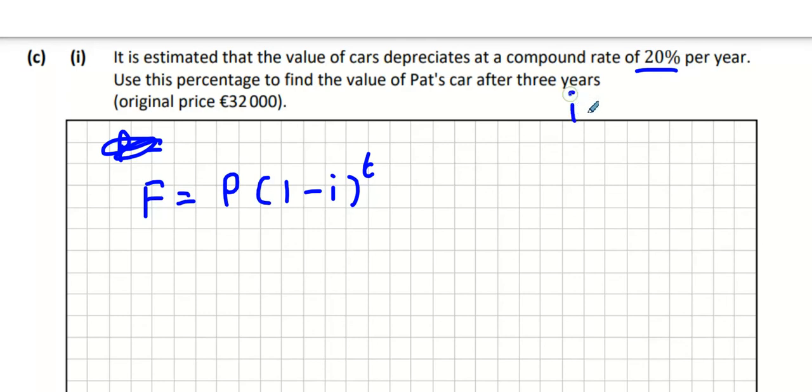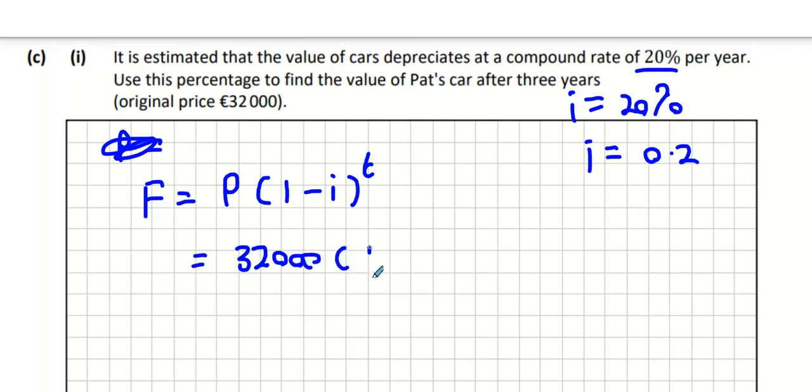The I value is 20%, which is 0.2. So your original price is 32,000. You multiply it by 1 take away 0.2, which is actually 0.8. This means you're basically retaining 80% of your value every year because you're only losing 20% of it. And to the power of 3 years, throw that into the calculator.